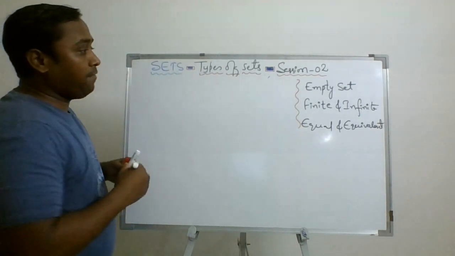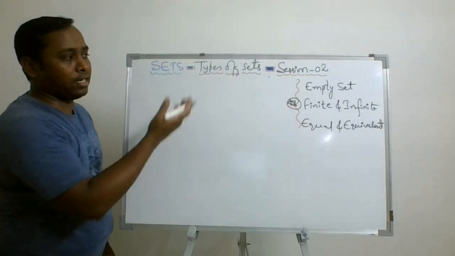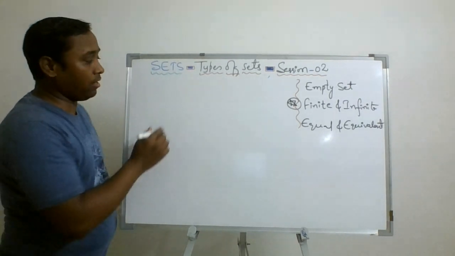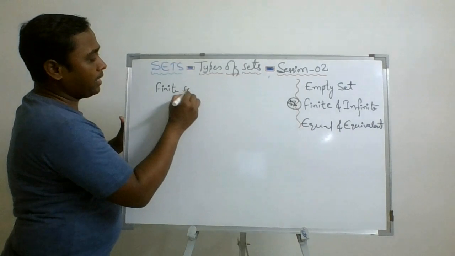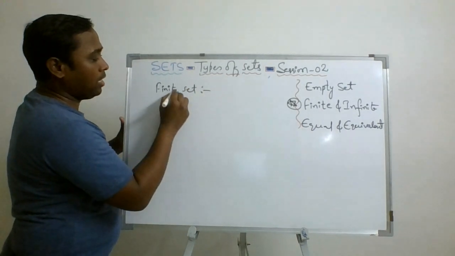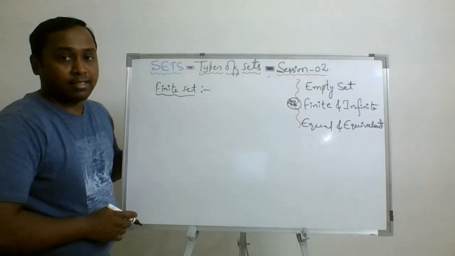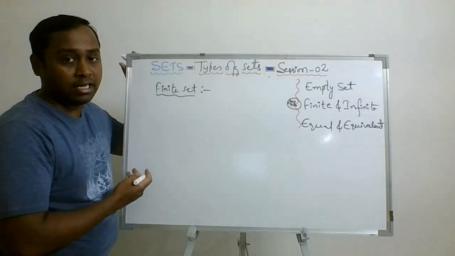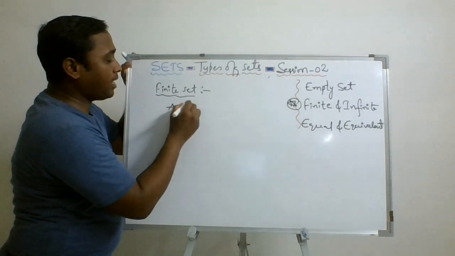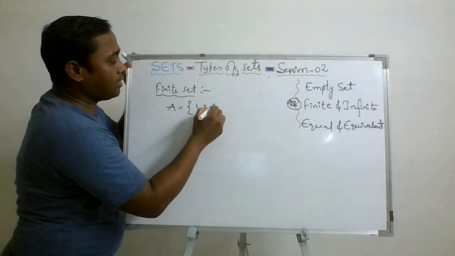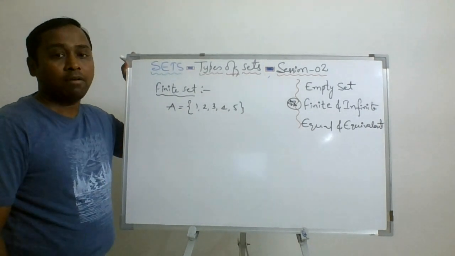If I say finite and infinite sets, it's so simple to understand. The name itself says everything. A finite set means a set which has a finite number of elements, that is, countable. Let us say I am writing the set of natural numbers which are less than 6. This is a finite set.